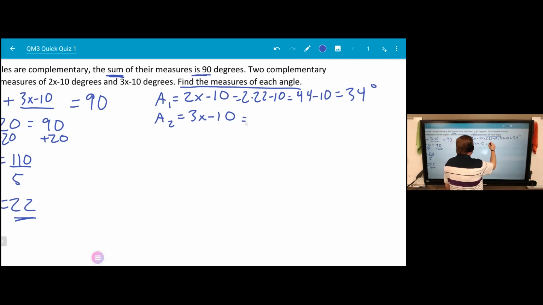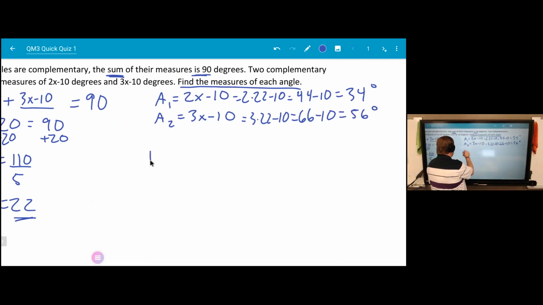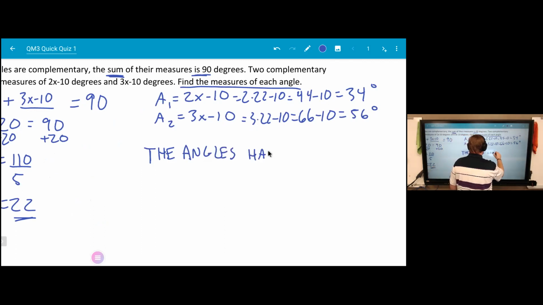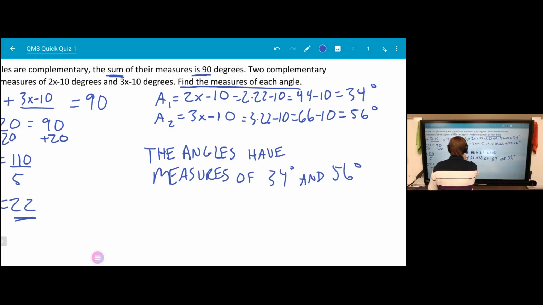Angle 2 is 3 times 22 minus 10, or 66 minus 10, or 56 degrees. The angles have measures of 34 degrees and 56 degrees.